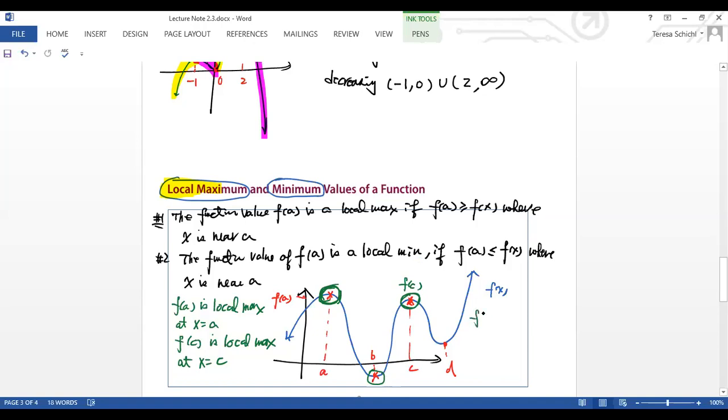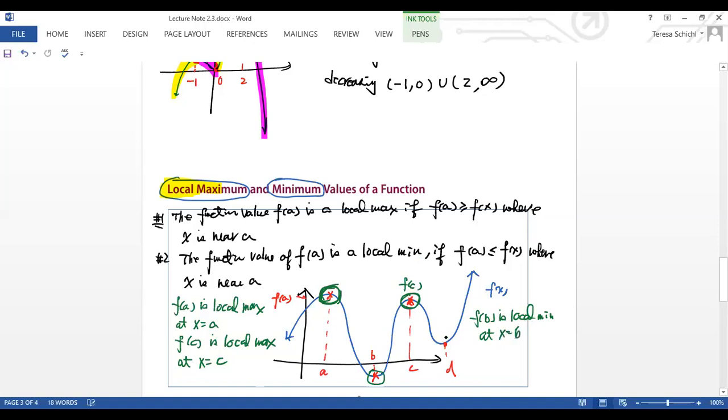So I know f of b is a local minimum. Maybe it's not the minimum for the whole function because this function goes to negative infinity, but it's local, just around this small area, at x equal to b.